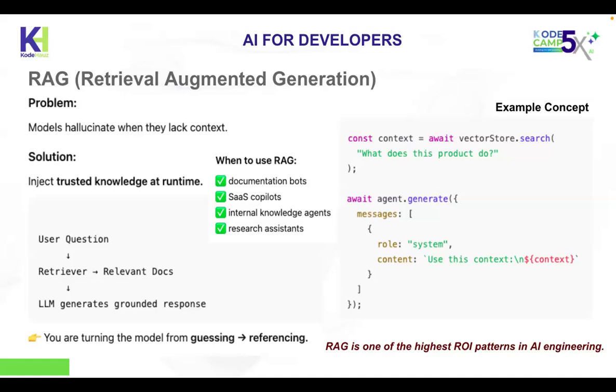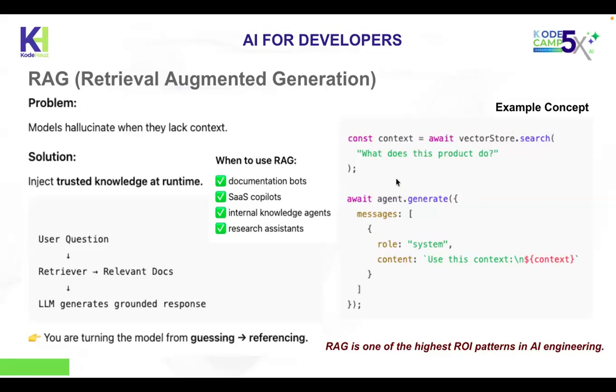So there are different kinds of RAGs: documentation bots, SaaS copilots, internal knowledge agents, research assistants, and so on. But the good news is that Mastra also allows you to easily access this by using the vector store interface. So you can basically search. This is the standard RAG approach anyway.